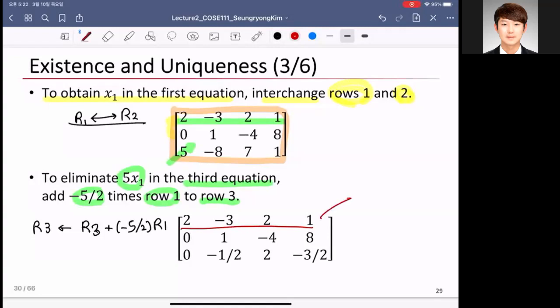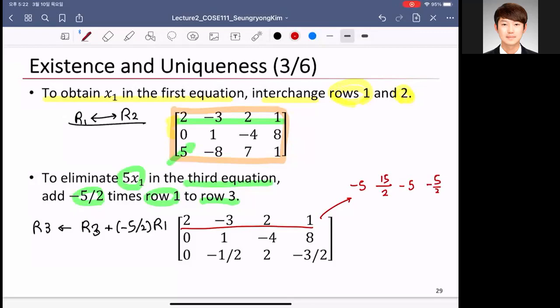It's going to be what? -5, -5/2. Please let me know if I'm wrong.